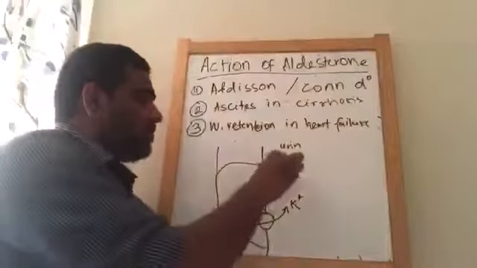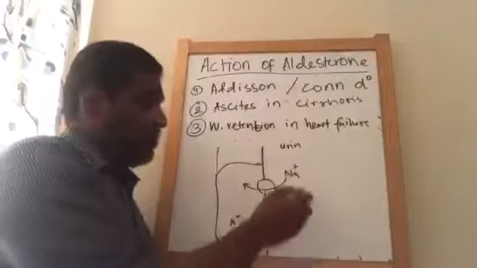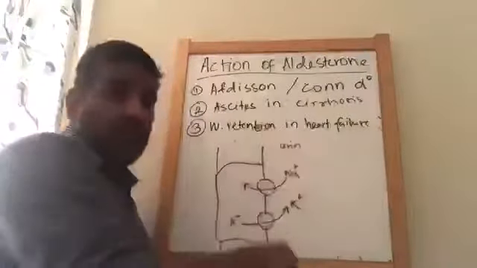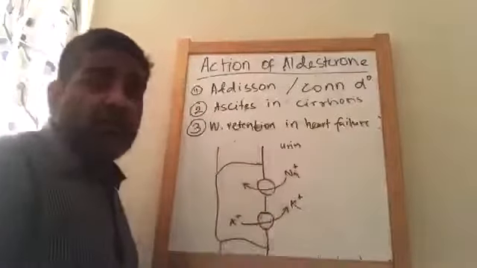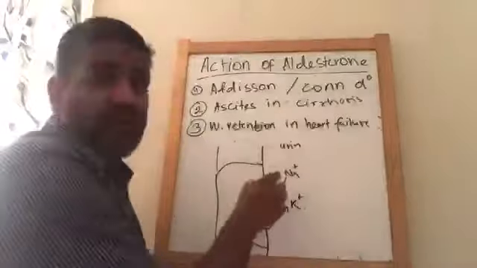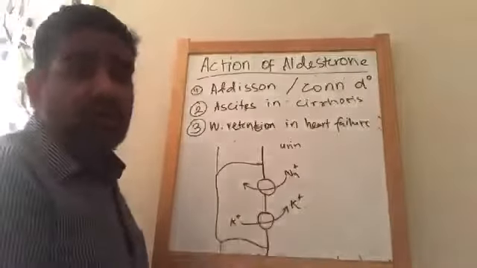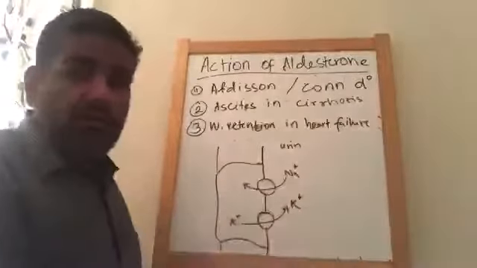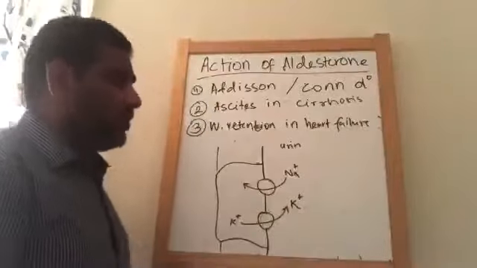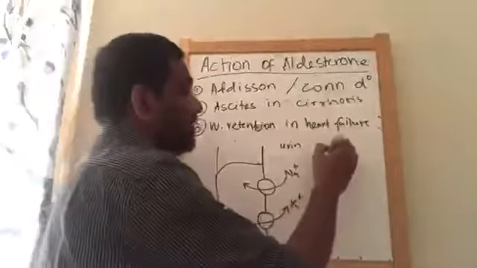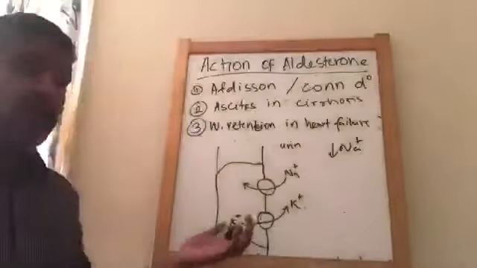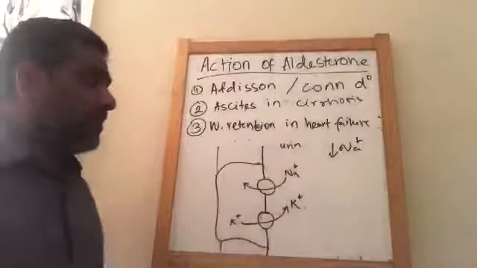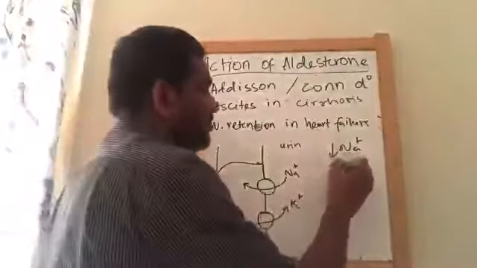So there is a tendency for sodium to be lost in urine because this pump is not active. So sodium tends to be excreted via urine, and this patient can have low sodium in the plasma. At the same time, potassium cannot be excreted, so the potassium level is going to be higher.